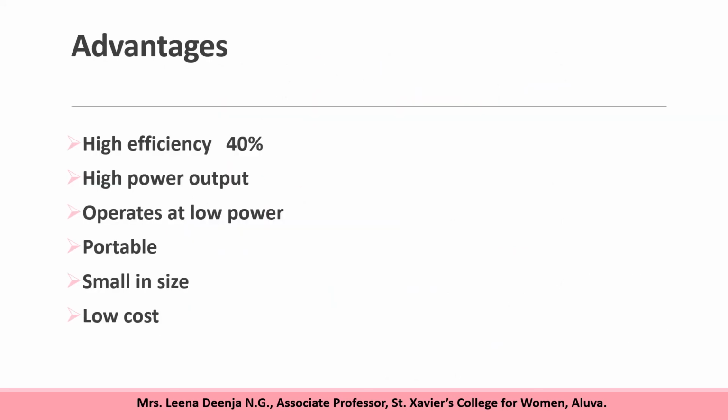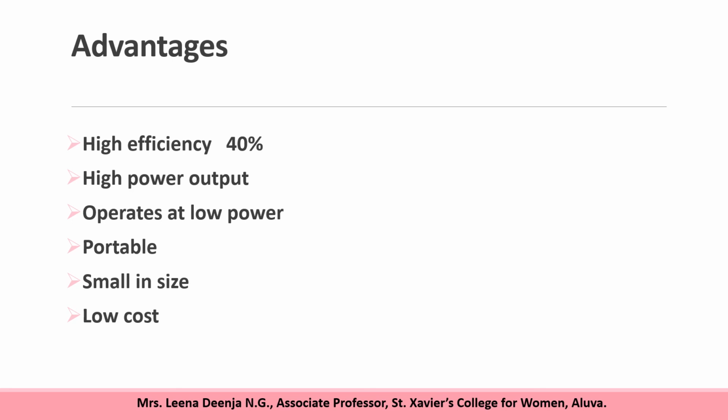There are many advantages for this diode laser. Its efficiency is very large compared to other lasers, up to 40% efficiency is possible. The power output is very high, and for its operation it needs very low power.